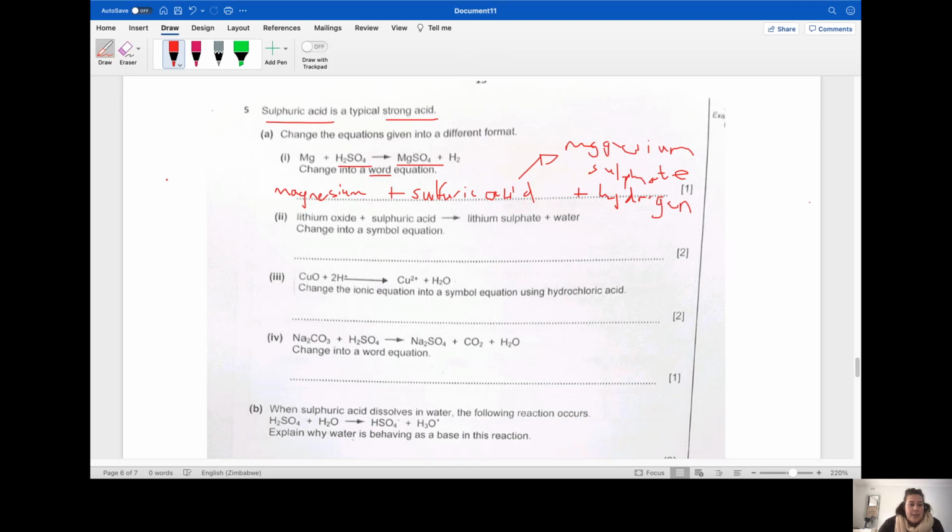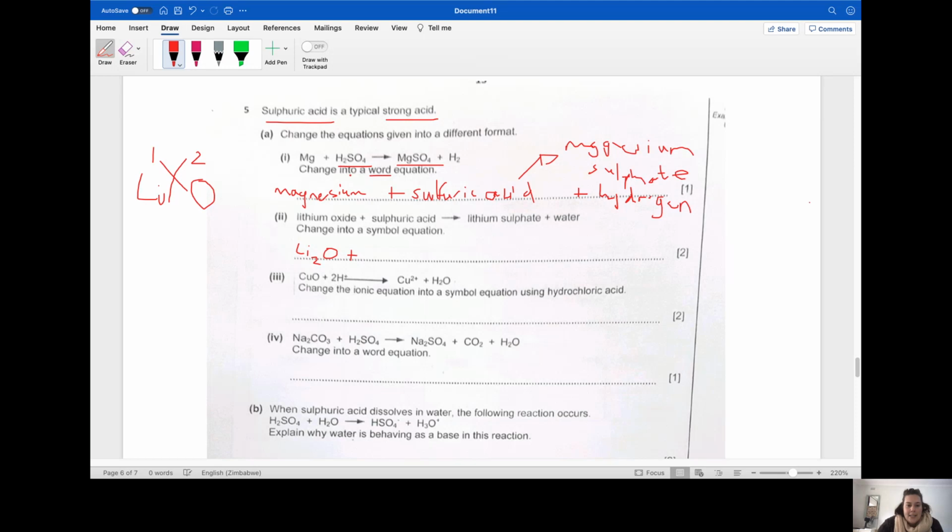Lithium is in group 1, so it has a valency of 1. Oxygen is in group 6. It has a valency of 2. It needs 2 more electrons. You then cross those down. You get Li2O.